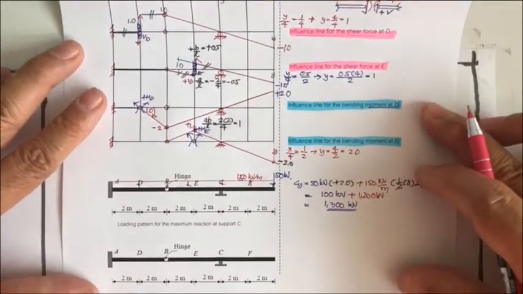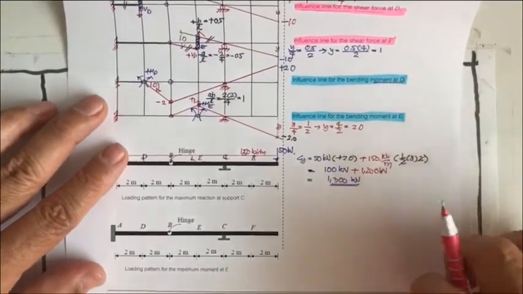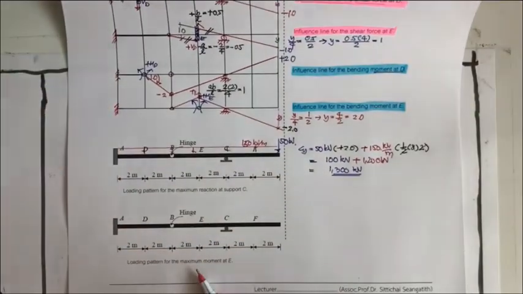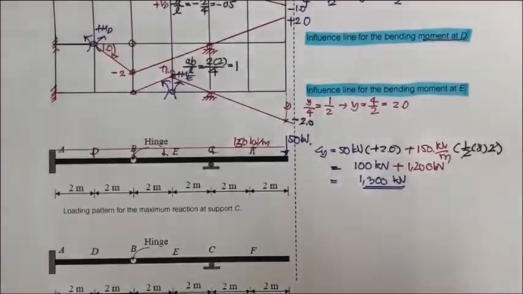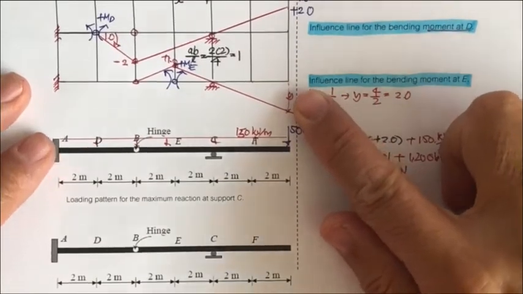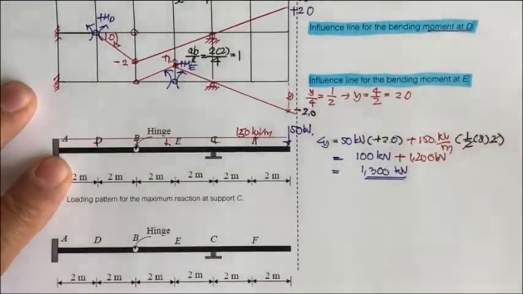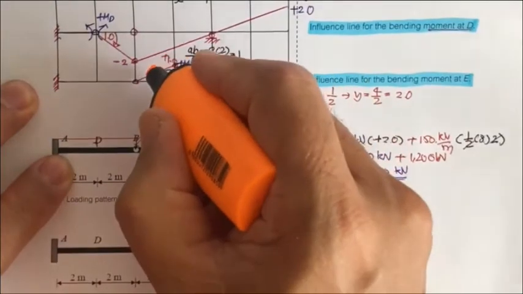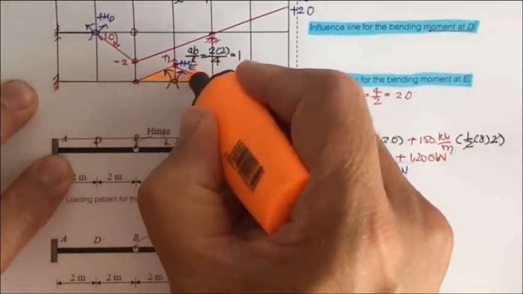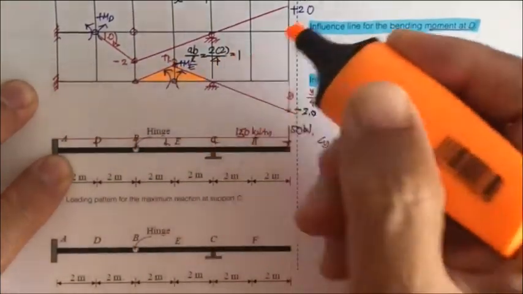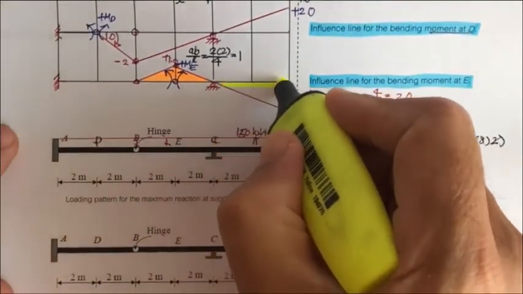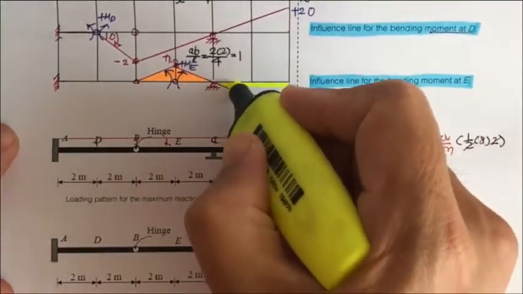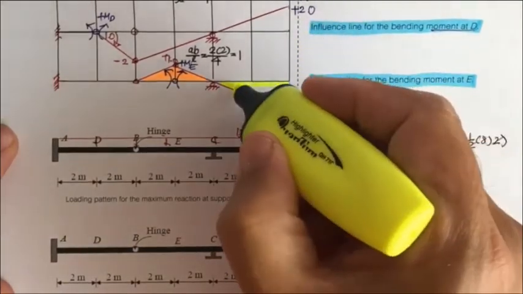And the second one, now we come to find the loading pattern for the maximum moment at E. Let me zoom this because the moment E is here. So what we have is, there are two areas here. When we determine the maximum influence, we will consider the area under the influence line diagram. If the area is larger, it is going to produce the larger influence.